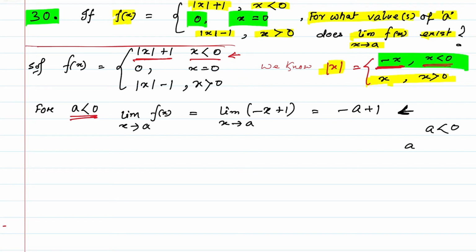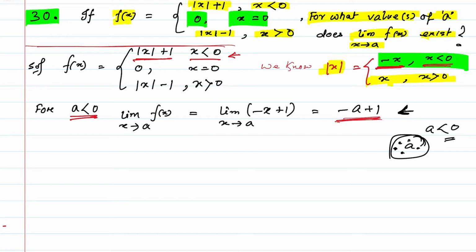If you take any point in the neighborhood of the value a, as a is less than 0, those values will also be less than 0, and for those values the function value is always of this kind, minus a plus 1. It's not going to change. That means for a less than 0, this limit exists.